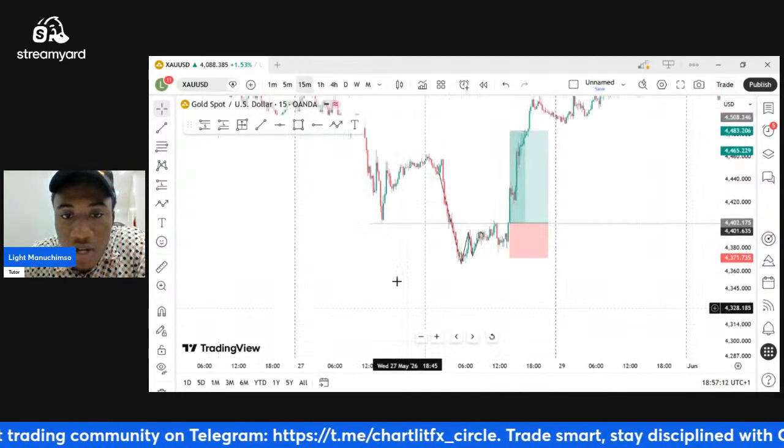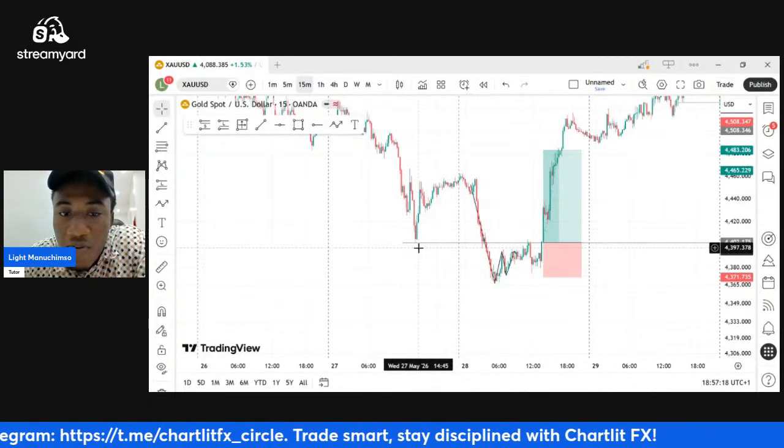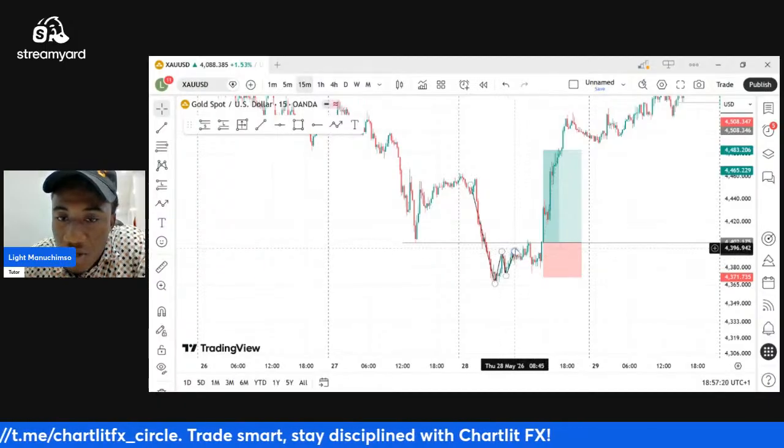Okay, so here's a trade I called on, I think last month, Thursday. Now, this is the previous day's low. And at 7, I saw this double pattern.